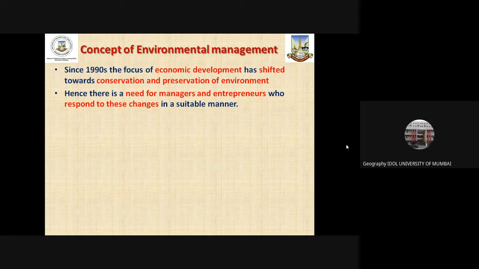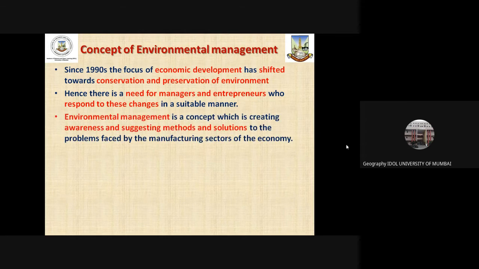Unless we develop qualities and skills among the manpower, sustainable economic development and preservation of the natural environment will remain a distant dream.